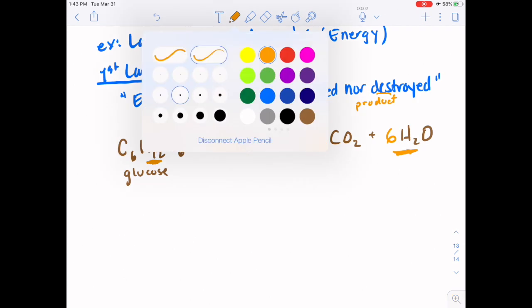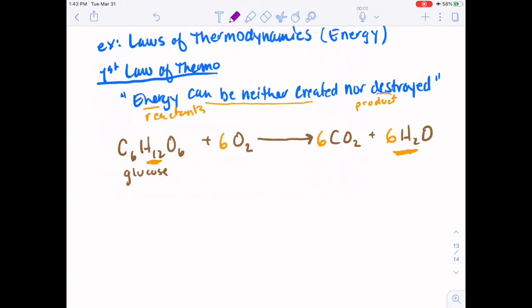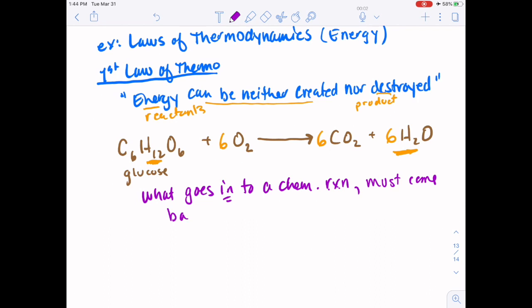So what this means for us is that what goes into a chemical reaction, and I'm just going to abbreviate chemical with chem and reaction with RXN, what goes into a chemical reaction must come back out, even if it's all rearranged.